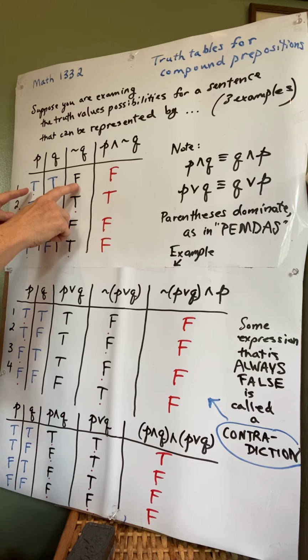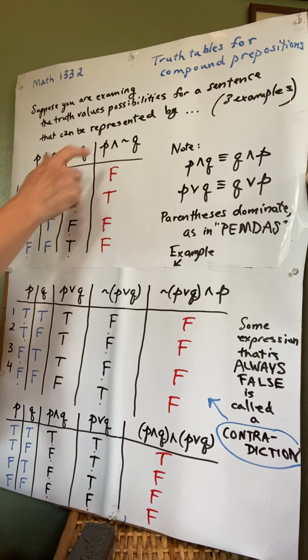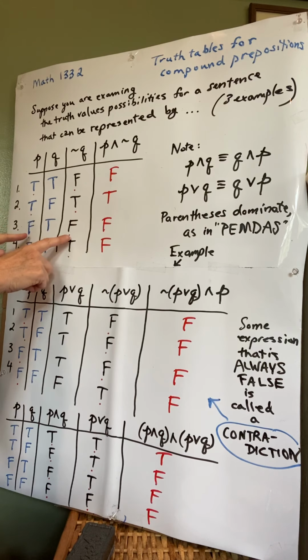True and false. Well, remember with conjunction, that's considered false. So yes, you're supposed to have really absorbed or memorized what the truth values are for a conjunction.